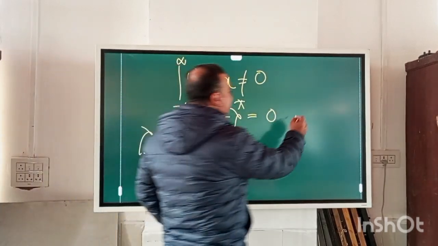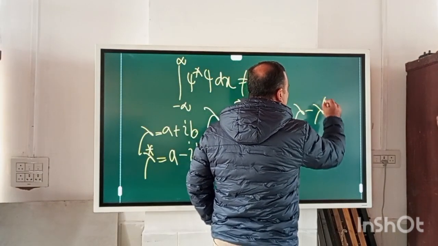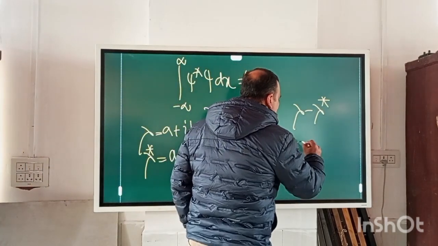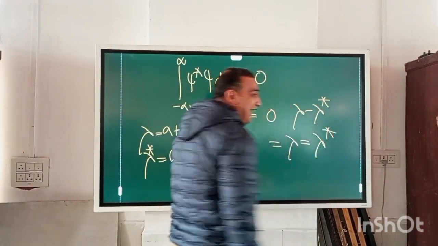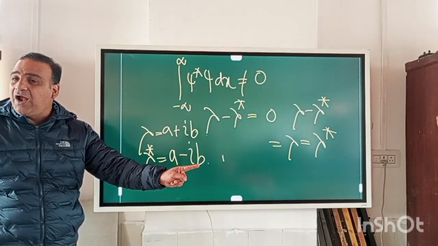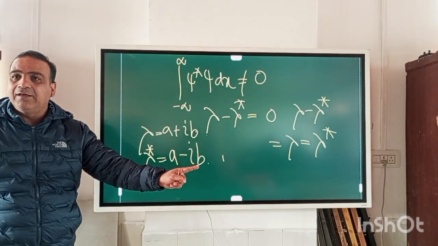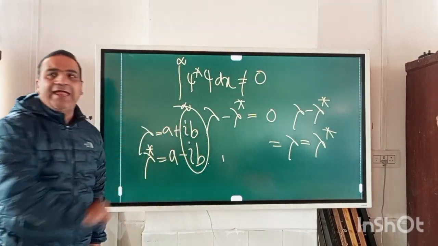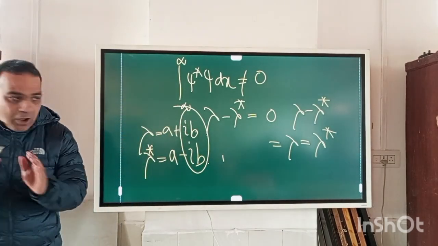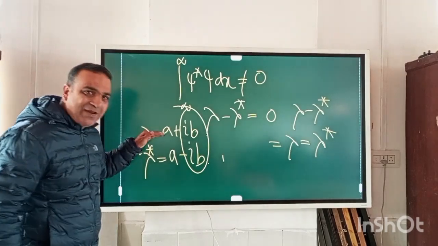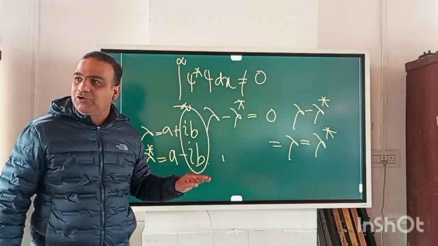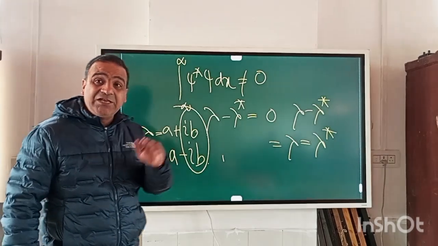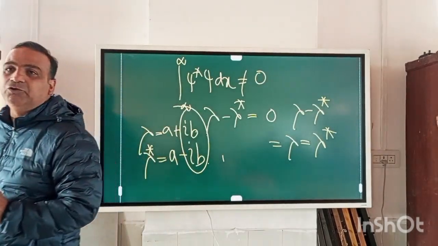So this lambda minus lambda star, or I can say this lambda is equal to lambda star. It can be equal to lambda star only when the complex part of the lambda and the lambda star vanishes. Only then the two lambdas can be equal. Only then the difference between these two lambdas will be equal to 0.